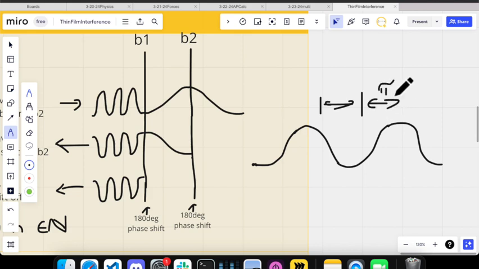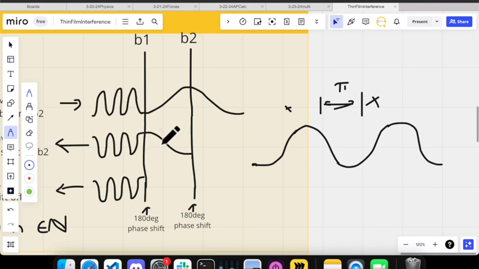Or, well, we know it's going to go some distance more that's the same as this one. So maybe I'll call this x and this x. And so we want this x plus this distance to be out of phase, right? And this is pi.